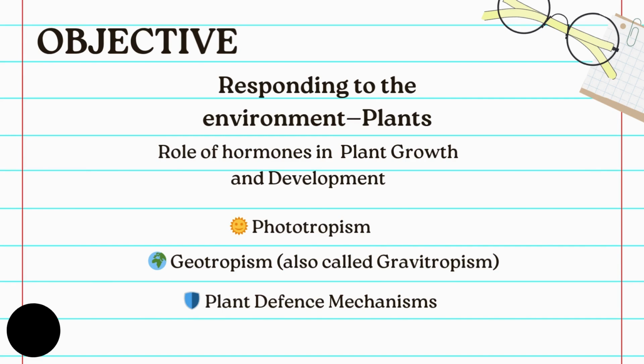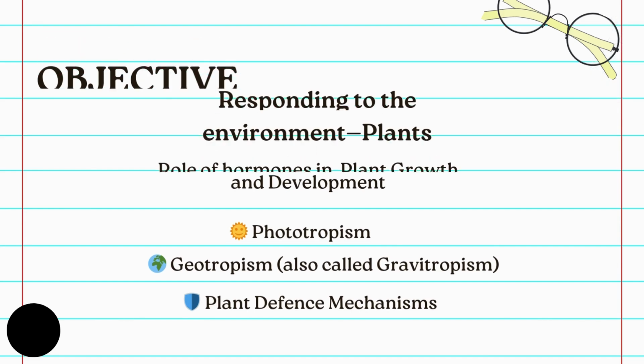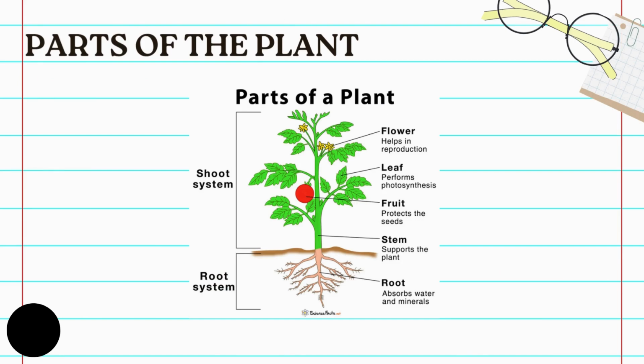Before we get started on all those things, let's just look at the parts of the plant, so when I'm explaining all of these hormones and their functions, you know which parts of the plant they are going to be affecting. We have flowers, which play a role in reproduction in plants, leaves, which help with photosynthesis, making sure the plant is nourished.